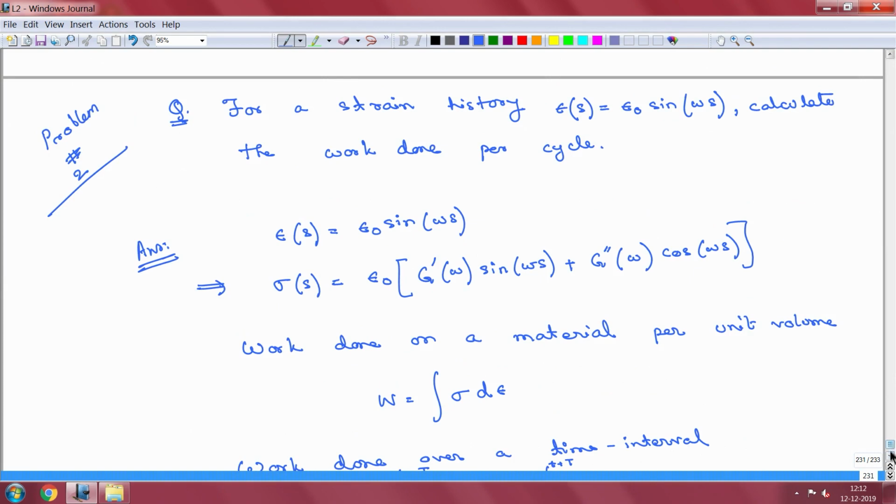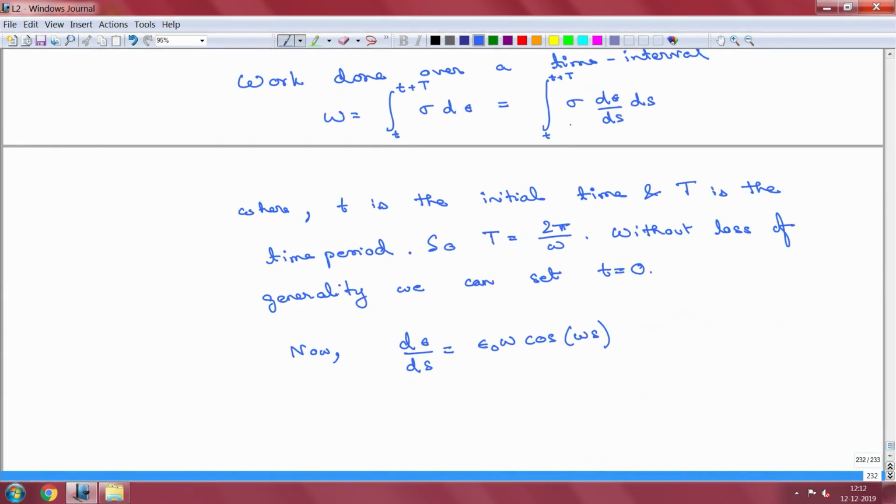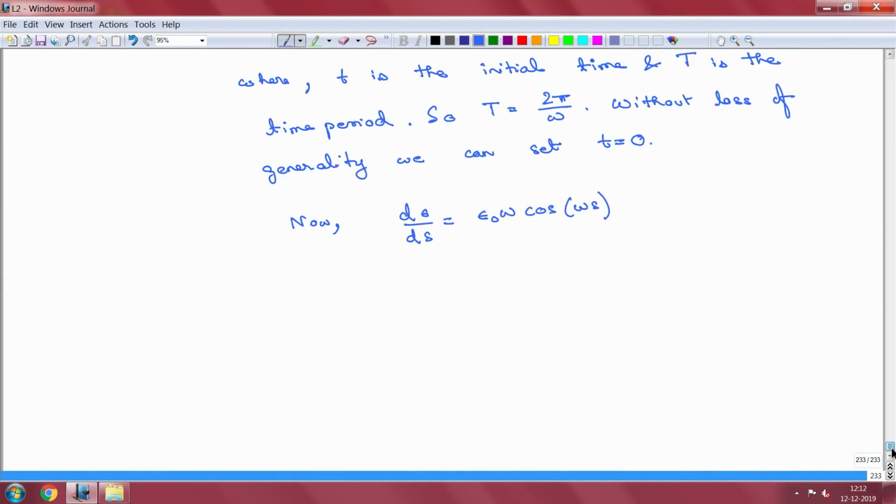So for this integral, both these two terms are known to us. So we can write down the expression for work as an integral, but this time I am going to set the small t as 0. So this is just 0 to capital T, once again being the time period of oscillations.